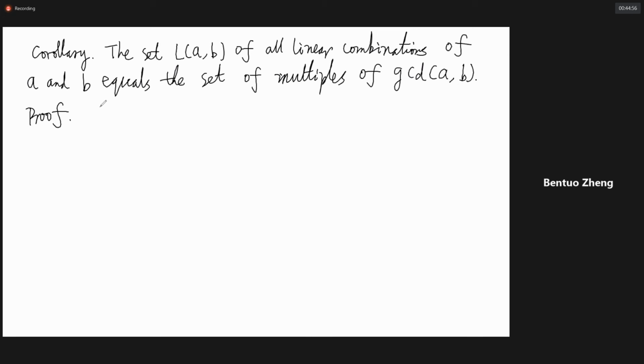So first, if we take an element from the linear combinations of A and B, we want to show it's a multiple. So let S times A plus T times B be a member of L of A, B.